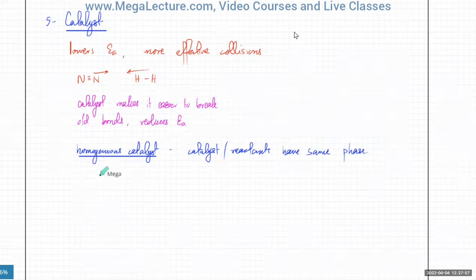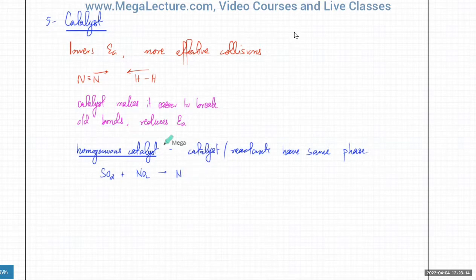For example, take the conversion of SO2 to SO3 in the atmosphere. SO2 first reacts with NO2, and NO2 gets reduced to NO. When it gets reduced to NO, the SO2 gets oxidized to SO3, and the NO further gets oxidized back to NO2.